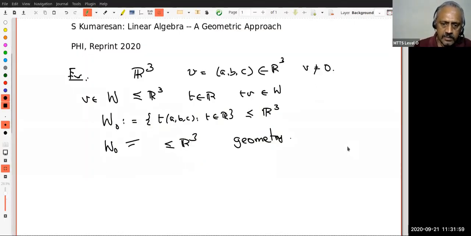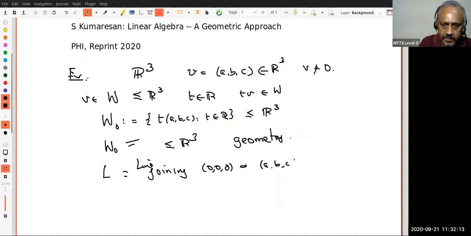So now let's ask the question. Suppose L is the line joining the zero vector and (a, b, c), the vector V. Then we can find the equation for the line. It's exactly similar to the way you do it in R2, which you had already seen: (x minus x1) by (x1 minus x2) equal to (y minus y1) by (y1 minus y2).